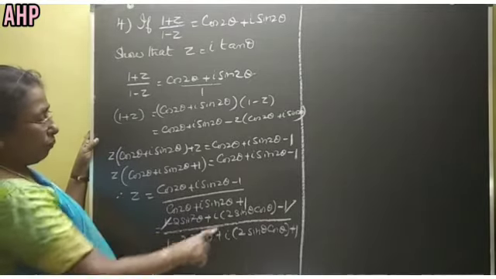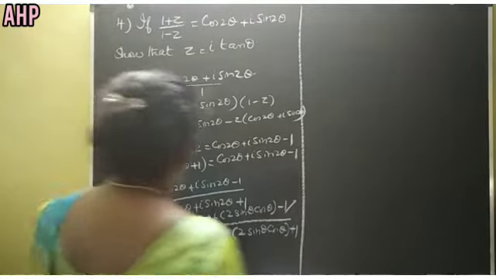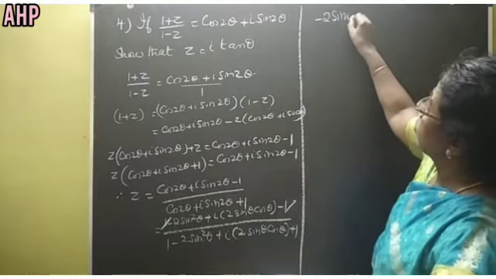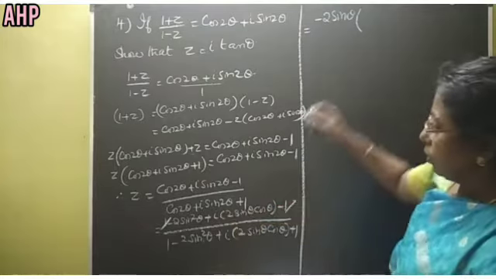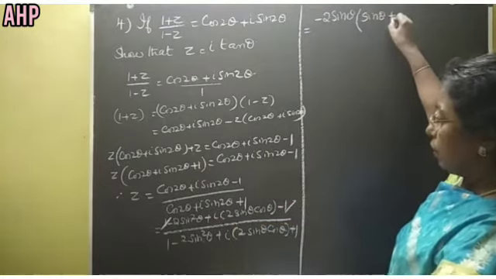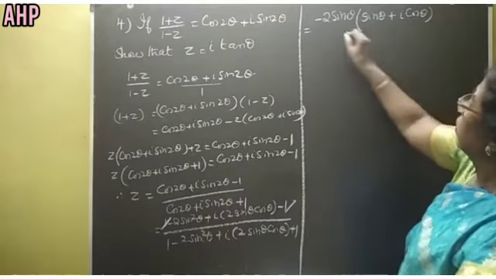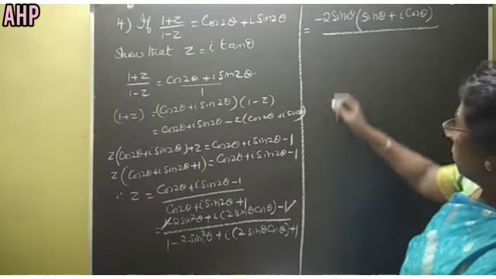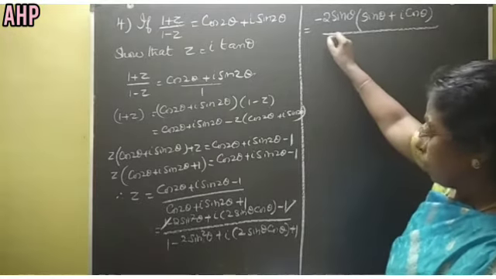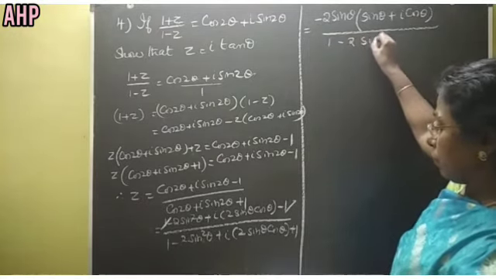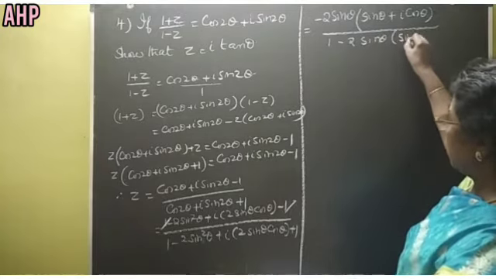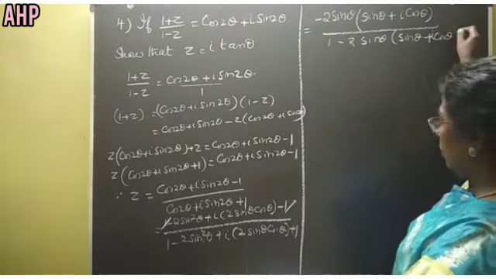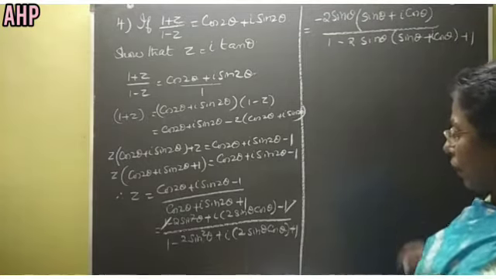If we take 2 sin θ common outside, this is equal to 2 sin θ into (-sin θ + i cos θ), divided by, from here, 1 minus 2 sin θ into, we get here, sin θ plus i cos θ, plus 1.